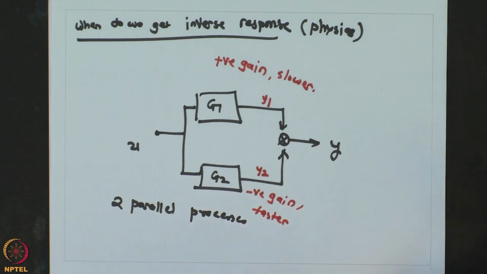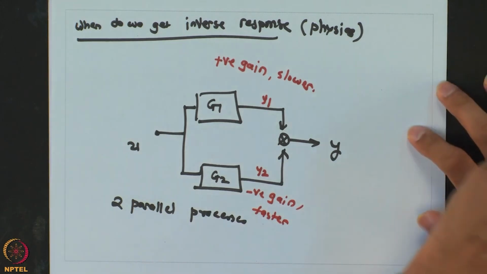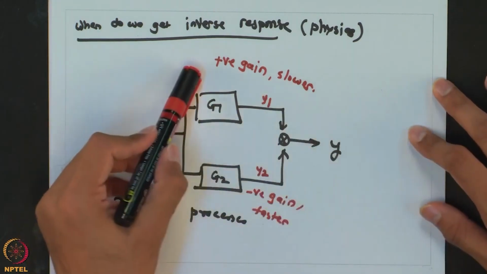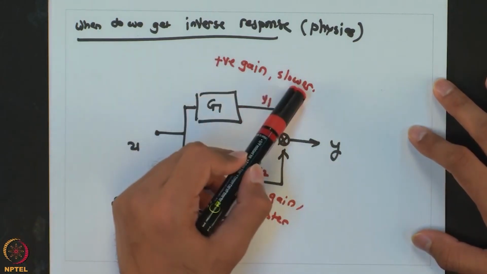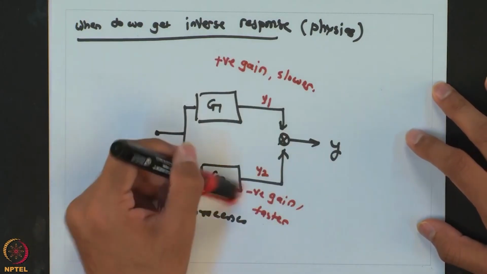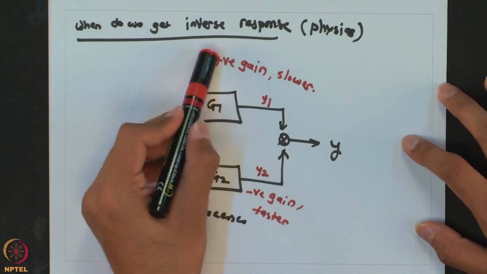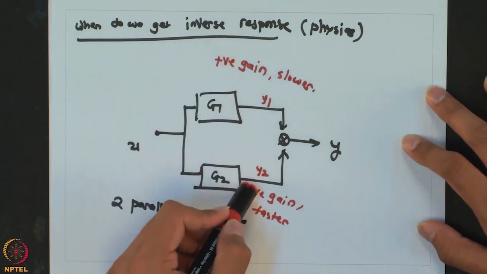So, you need to have two transfer functions between the input and output which are in parallel with each other. The one effect has a positive gain and slower, and the other has negative gain and faster. The same thing, this can also be negative, in that case this has to be positive.